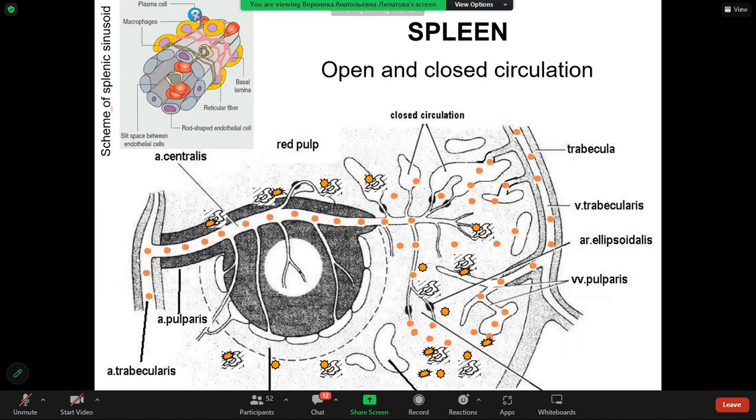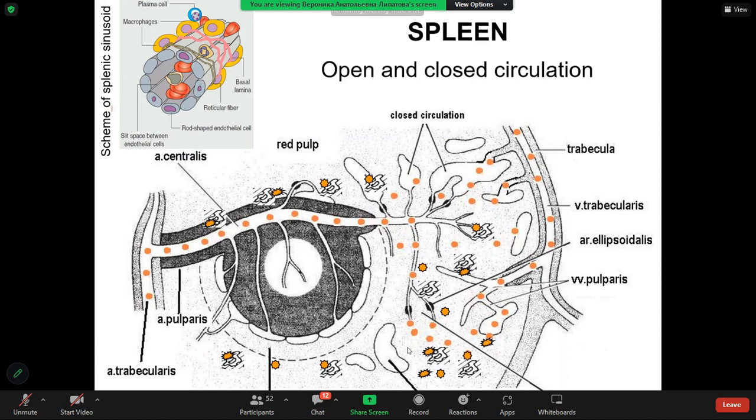You see trabecular artery, after this central artery, after this penicillar arteries, and these are ellipsoidal arteries, and this opens just into splenic cords, just into the reticular tissue of the stroma, into stroma.